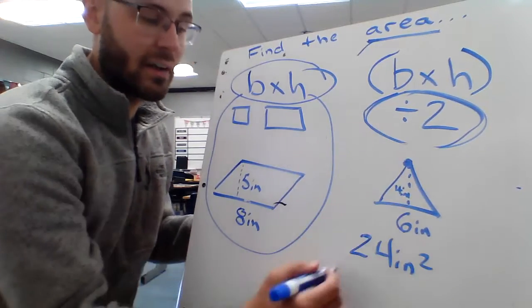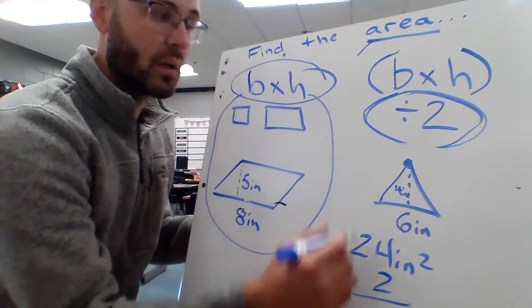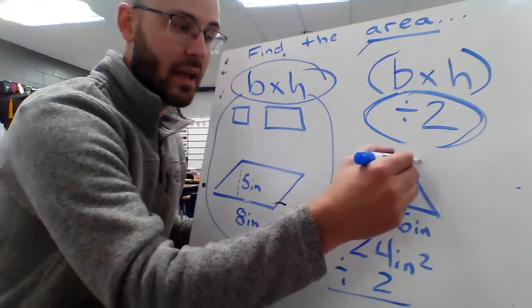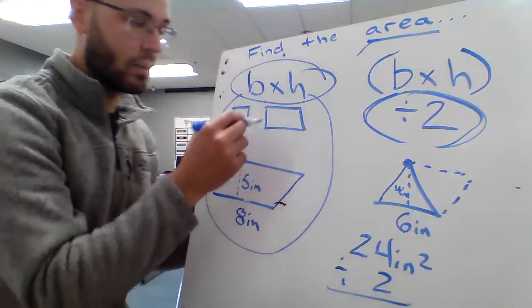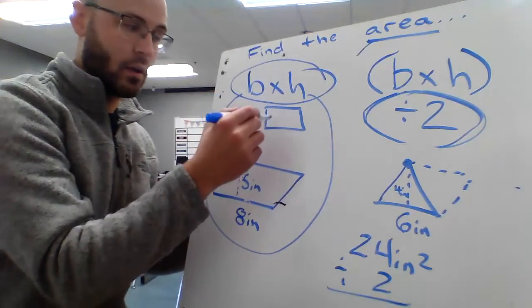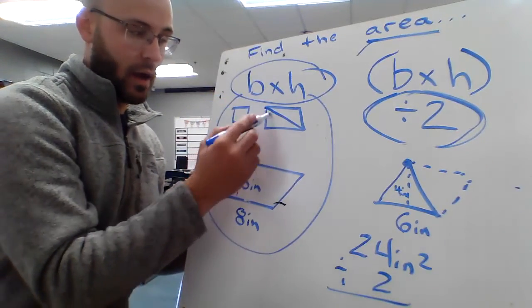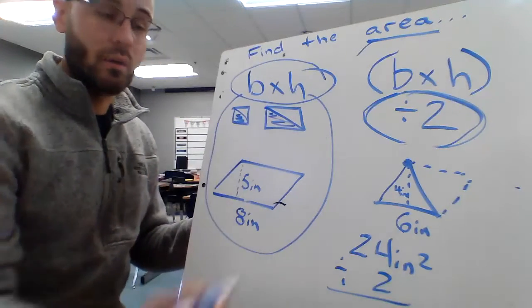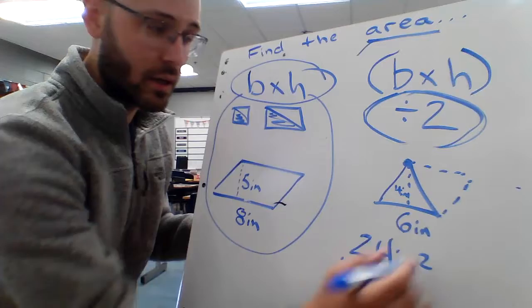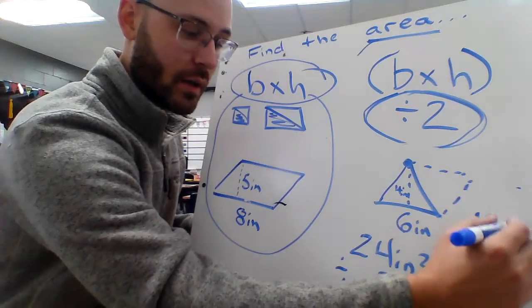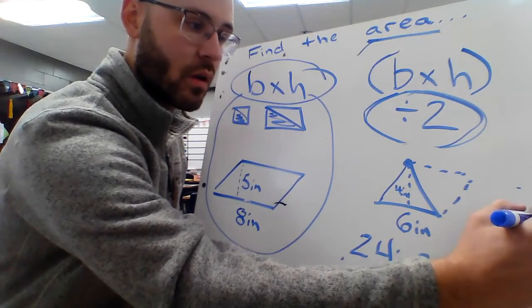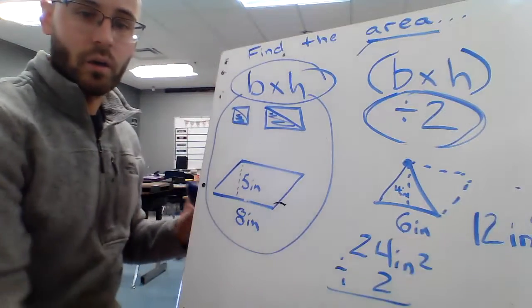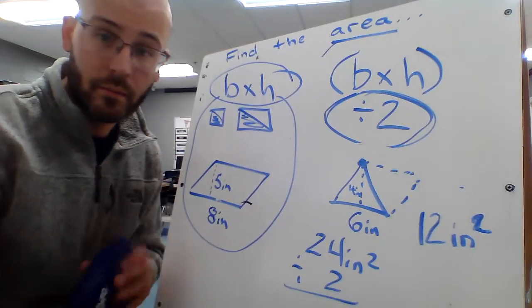But you always have to divide that by 2 because every triangle is half of a parallelogram or half of a rectangle or half of a square. So you always divide by 2. 24 divided by 2 is 12 inches. Whoopsies, that looks weird. 12 inches squared.